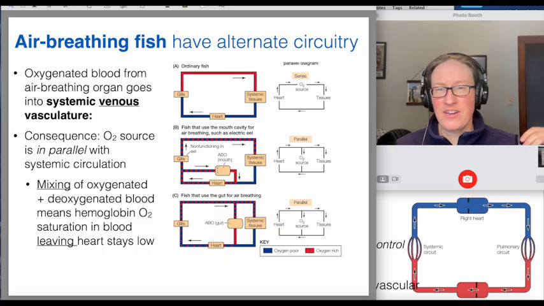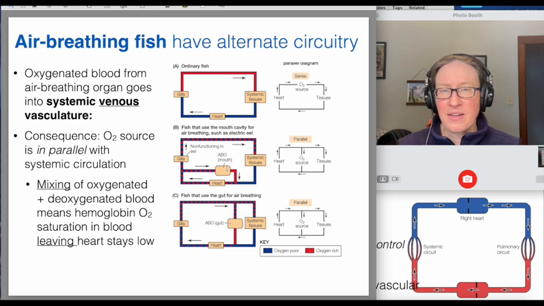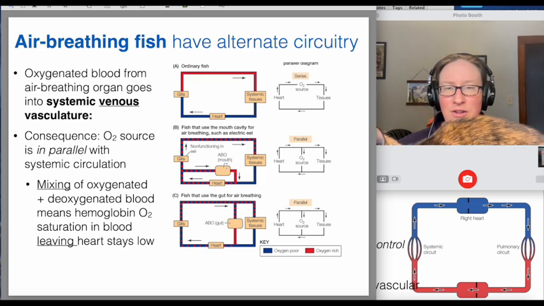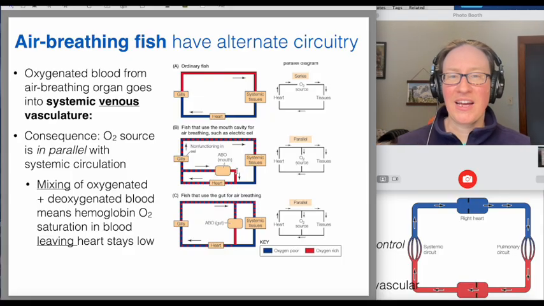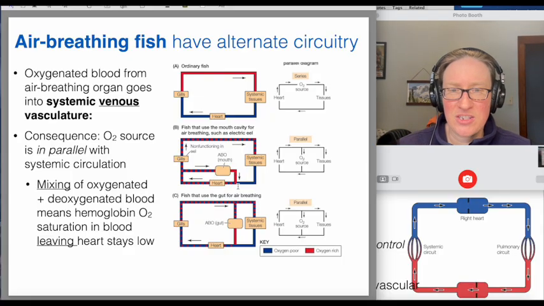So if a fish uses its mouth as its primary air-breathing organ, then blood that flows through the mouth will be oxygenated. It will mix with the deoxygenated blood returning from the systemic tissues.